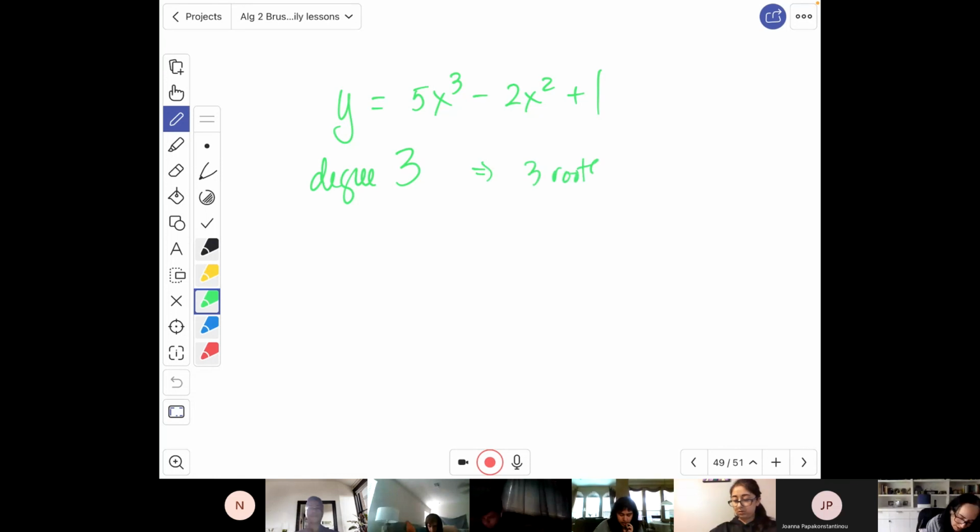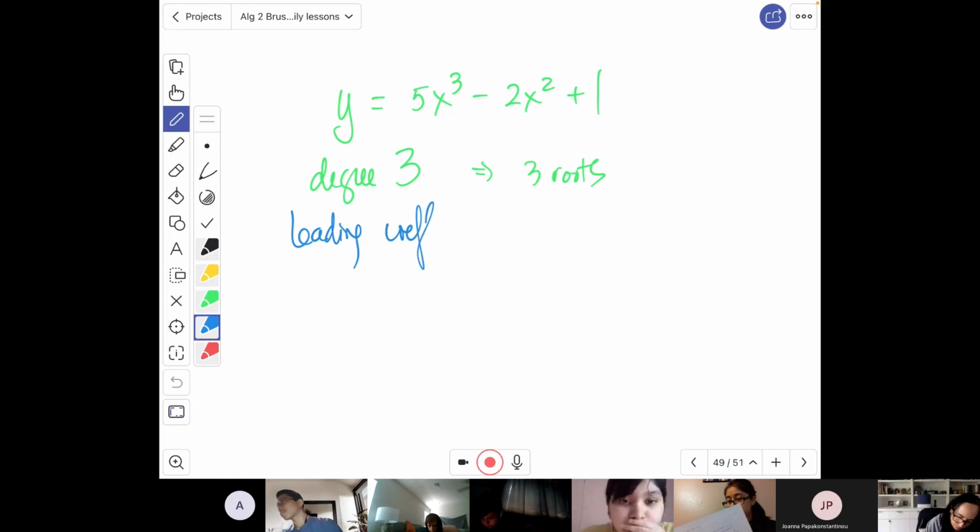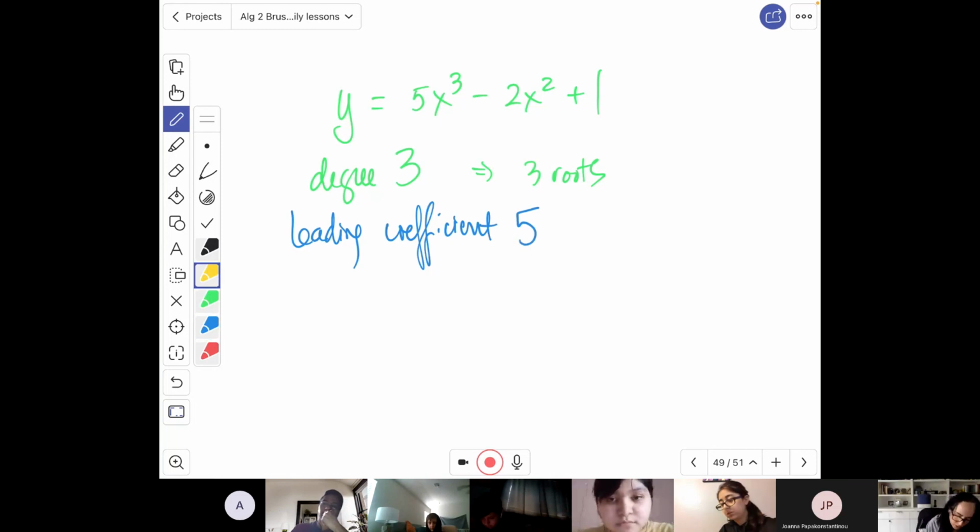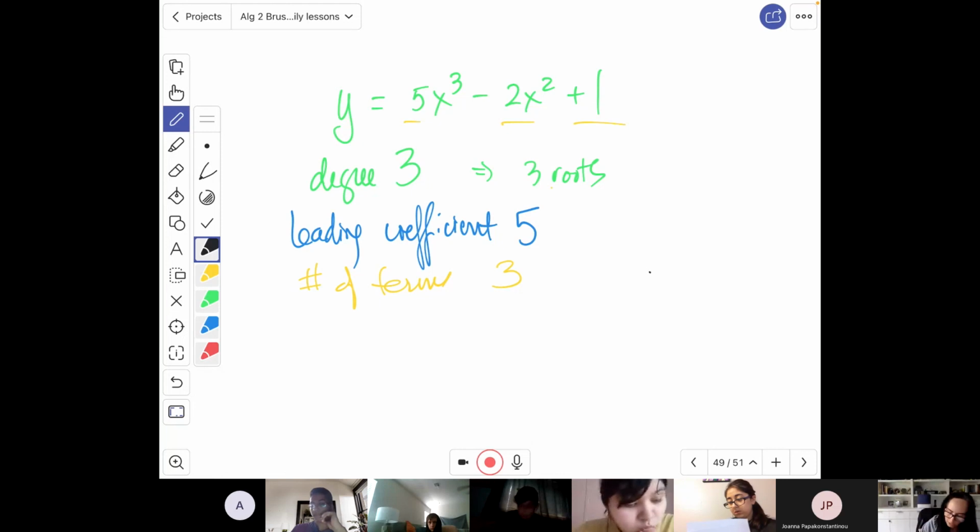Okay. What is the leading coefficient? 5. Excellent. How many terms do I have? 3. Okay.